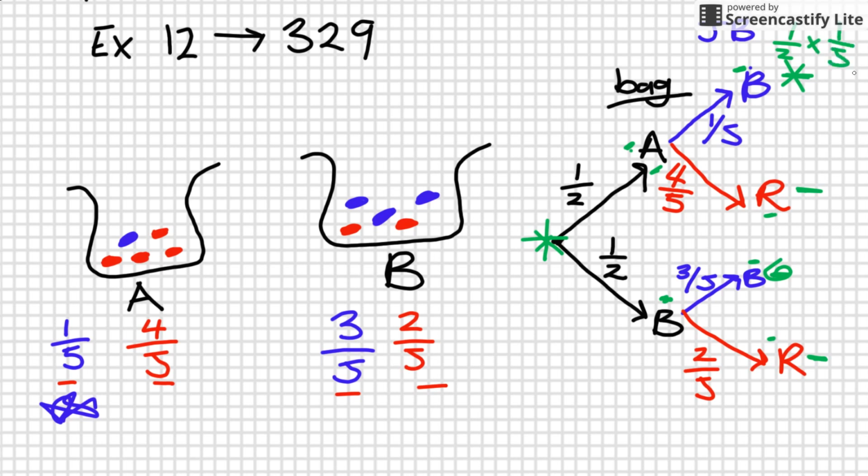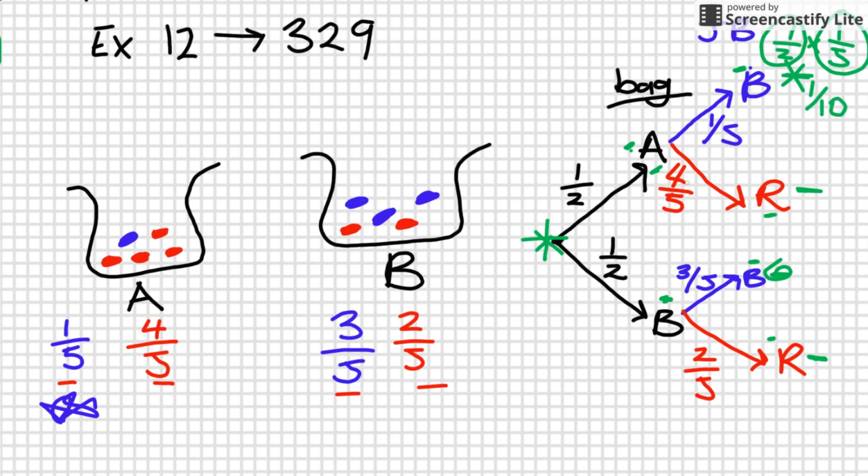So if you remember back to our compound events, that when 2 events occur, the probability of both of those events occurring together, which in this case is picking bag A and getting a blue jelly bean, we times them together. So we have 1 in 2 chance of getting bag A times a 1 in 5 chance of getting a blue jelly bean, which then equals 1 in 10.